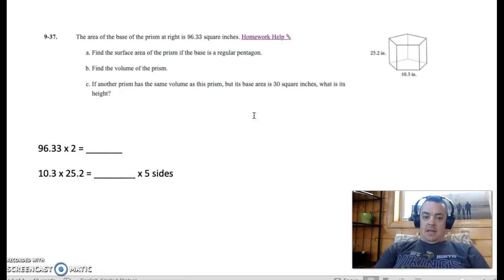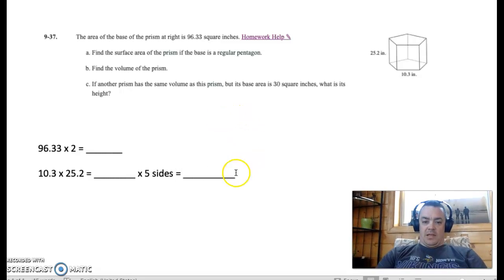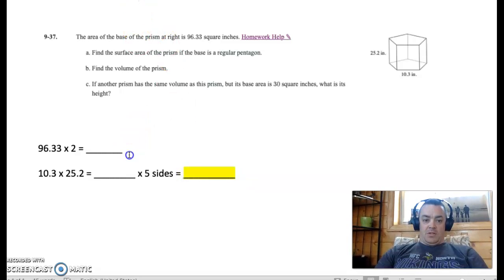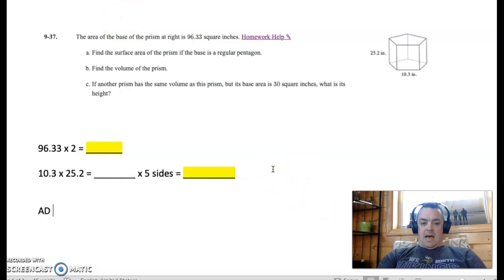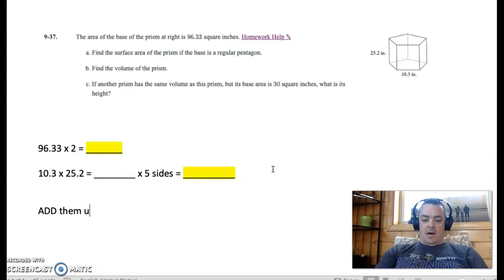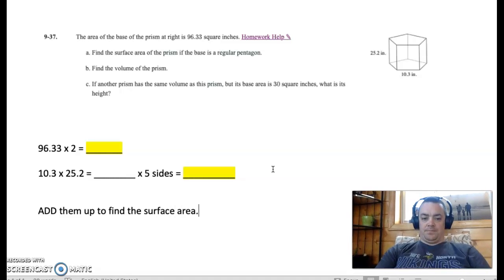Okay. Then that's going to equal a number. What are we going to do with, we have to take this number now, and we also have to take this number and do something with that. Add them up to find the surface area.